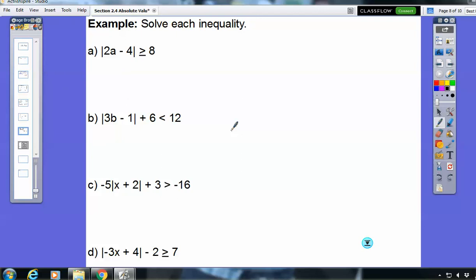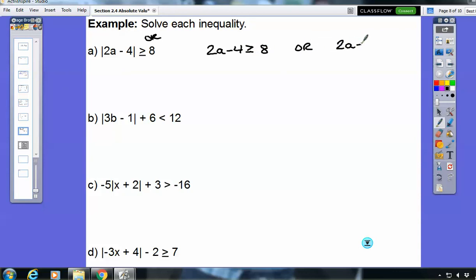So, first step is to make sure the absolute value is by itself, which on part A it is. Second step is to decide, is this an and or an or? Greater than, so this is or. So you do two inequalities. The first one, just drop the absolute value.